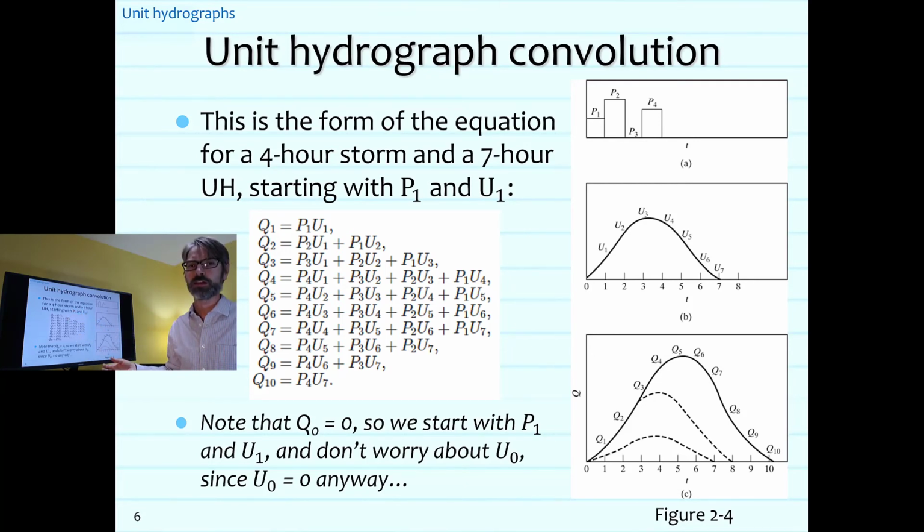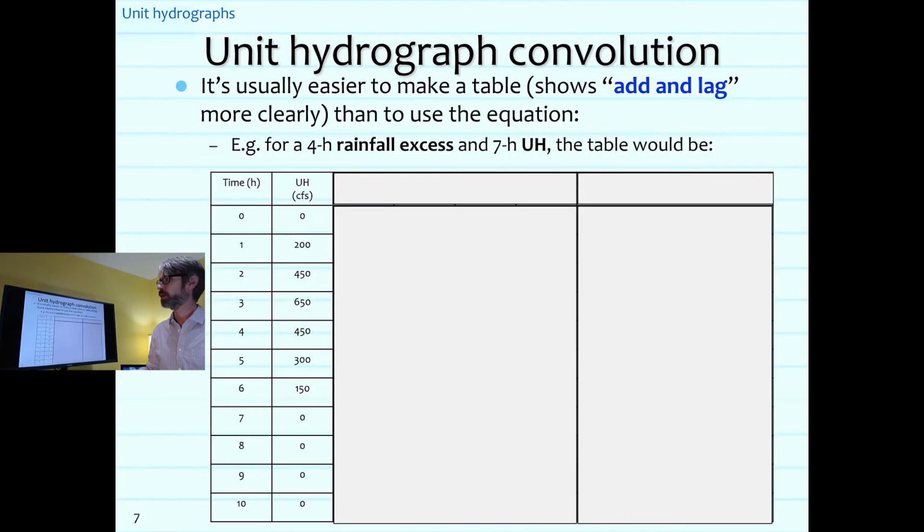There is, I think, an easier way, which is to use a tabulated form. I usually find it's easier to make a table. This shows the add and lag much more clearly than the previous equation approach does. So if we take that same example, a 4-hour rainfall excess and a 7-hour unit hydrograph, my first two columns would be the time, and then just the values of the unit hydrograph. So these are just for reference.